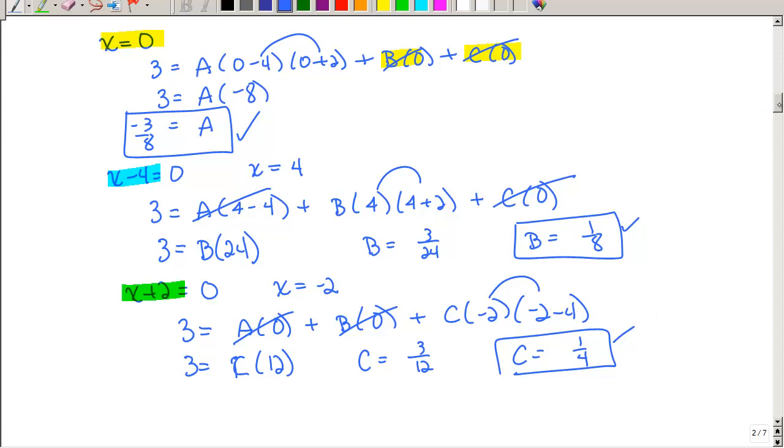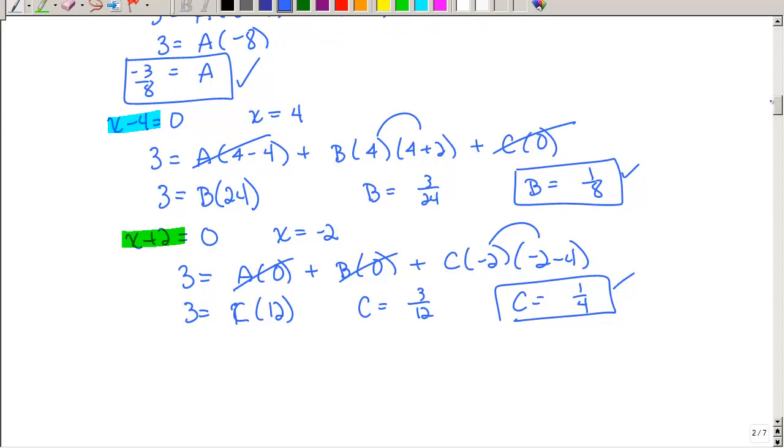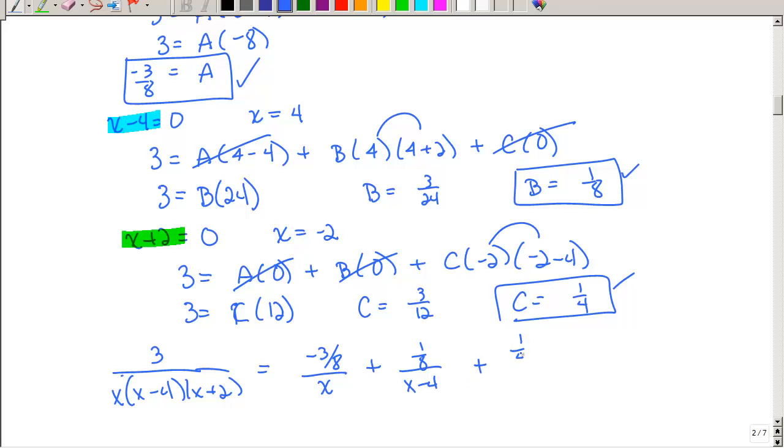But really what we want to do is rewrite that fraction into those individual fractions. So I have decomposed 3 over x times x minus 4 times x plus 2. What did that equal to? I believe that was a over x, plus b, and b is 1/8, and that was over x minus 4, plus c over x plus 2.